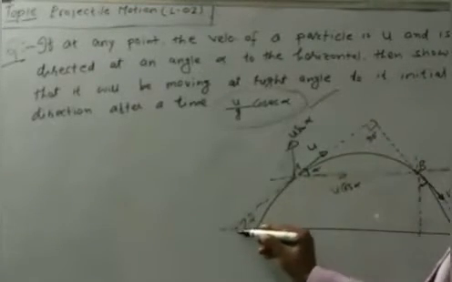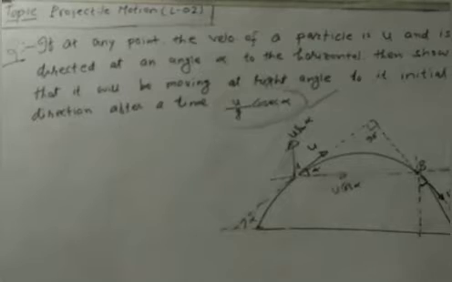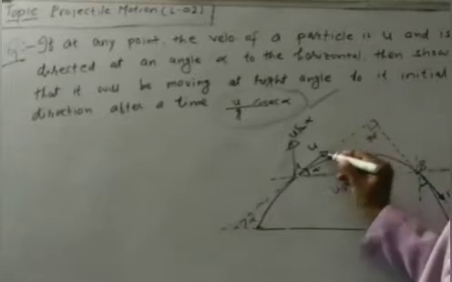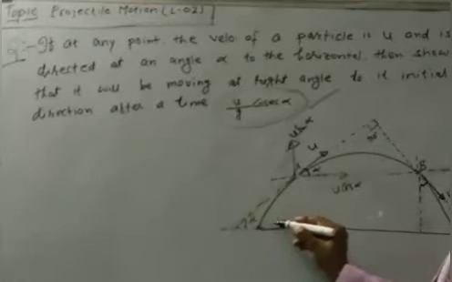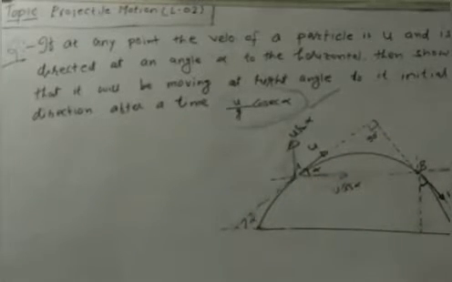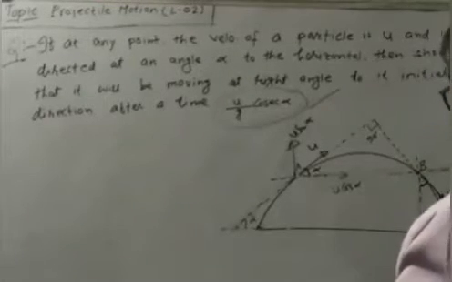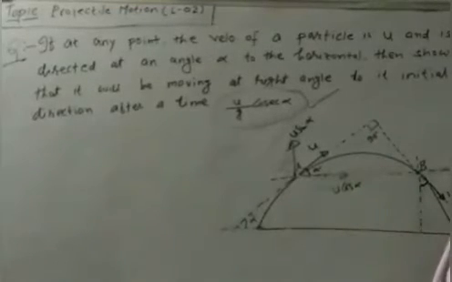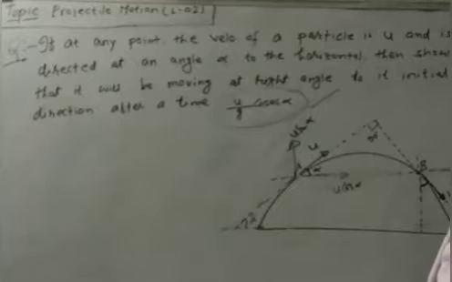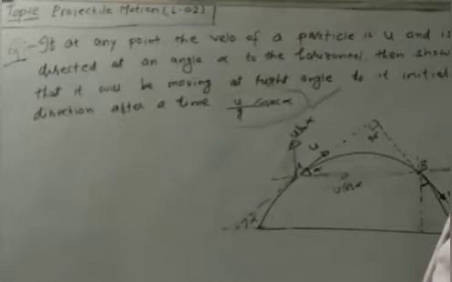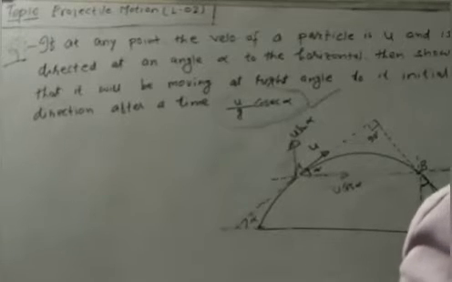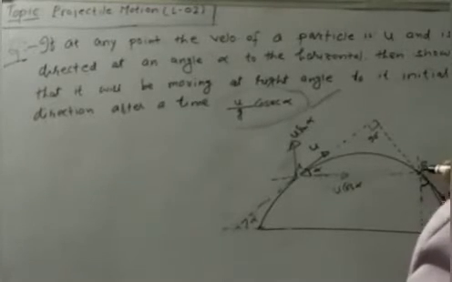So in this right angle triangle, just see this right angle triangle. Starting from this one, this is one side, this is another side up till this point, and this is the third side. For this right angle triangle, this angle is 90, this is alpha, so this angle must be 90 minus alpha.